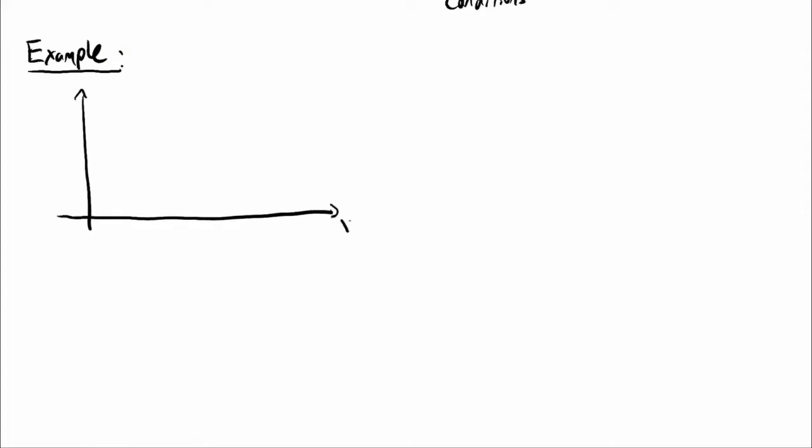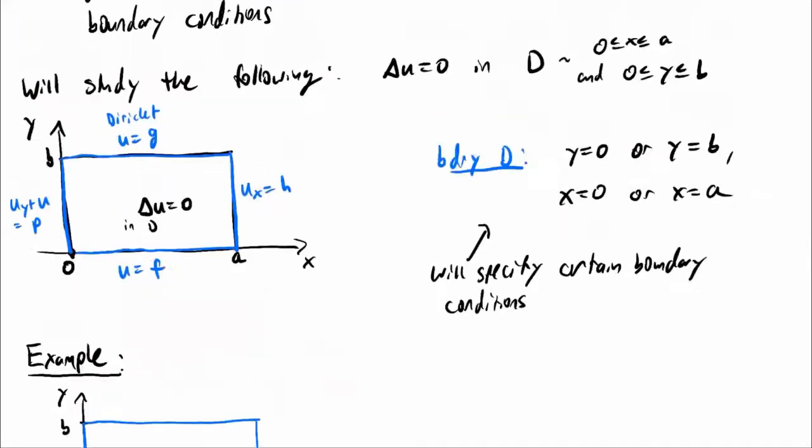Right, and so in this case, we're going to continue with the rectangle from before. So let me just copy over our domain. Right, so the domain D is the interior of the rectangle, and the boundary is the collection of blue lines.